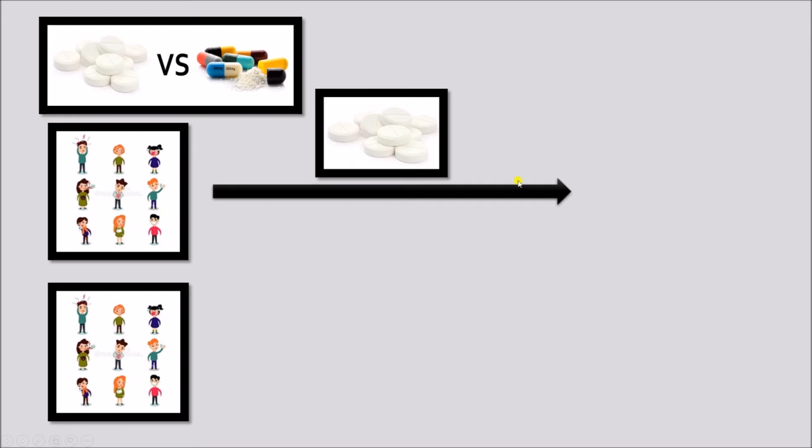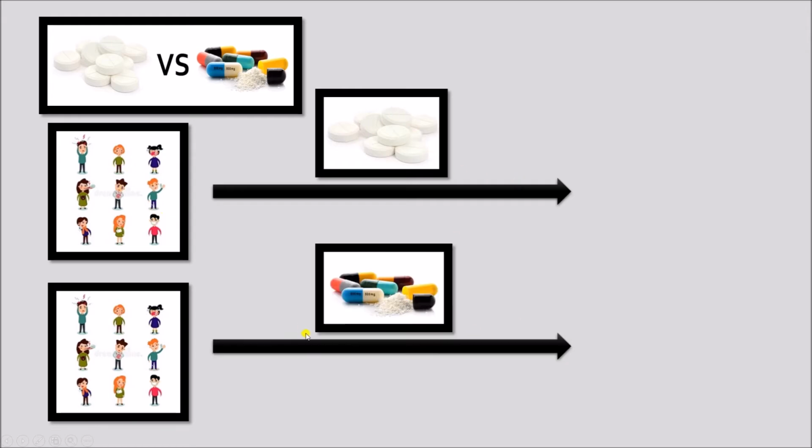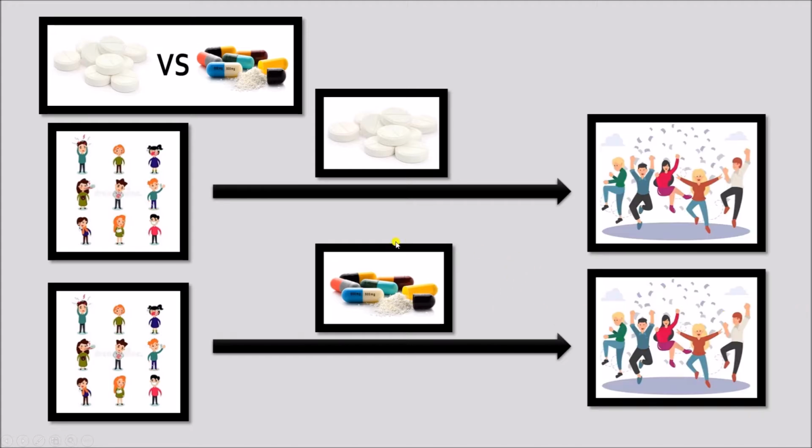One group is treated with tablets and the other group is treated with capsules. And then we try to find out among the people who received the tablet, how many of them got cured. Similarly, of all the people who received the capsules, how many of them got cured. So by this we can find out which modality of treatment works better as compared to the other option.